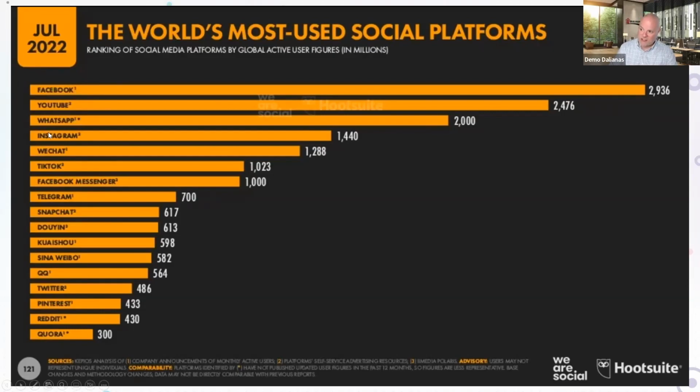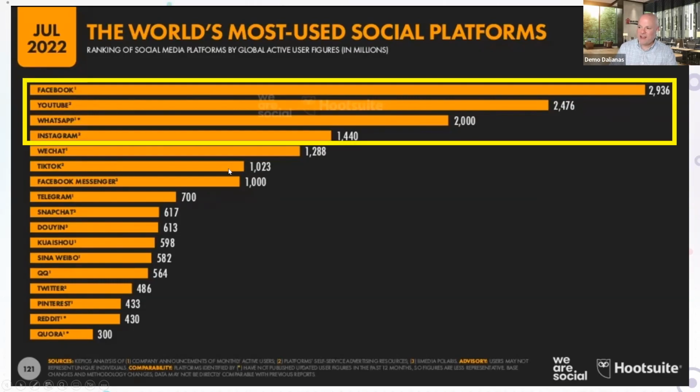So it's Facebook, WhatsApp, Instagram right here, all owned by the same company. And then you've got YouTube sitting right there, and then TikTok was down here, which I was actually surprised by, although it is definitely on a higher trajectory of growth, right? If you think about this number up here being the total amount of users that's out there, then there's still a lot of catch up that this platform can get to.